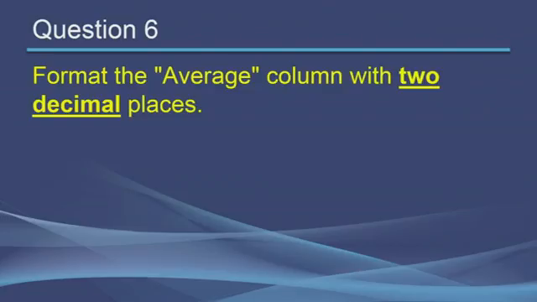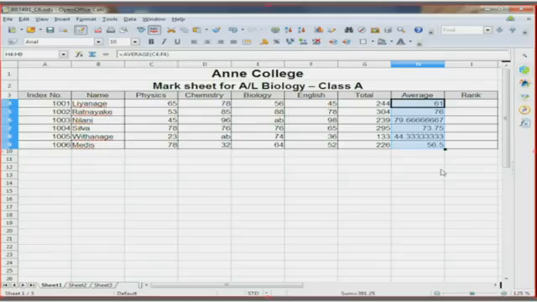Format the average column with 2 decimal places. Here in this answer, we have few decimal places for the third and fifth one. And for the other answers, we have no decimal places. But in the question paper, we were asked to give 2 decimal places. So let's see how to give 2 decimal places.